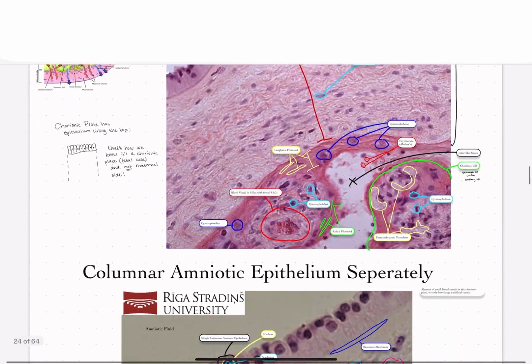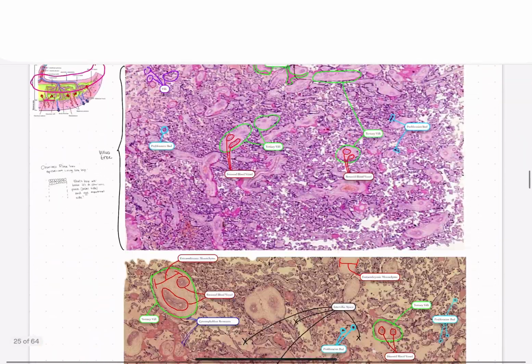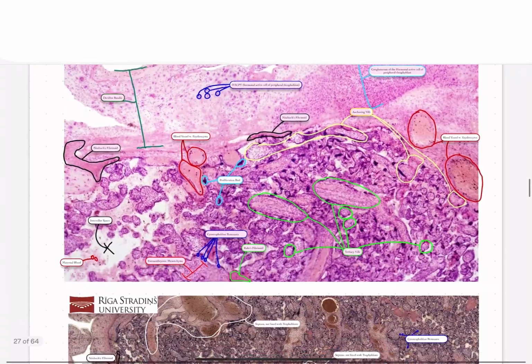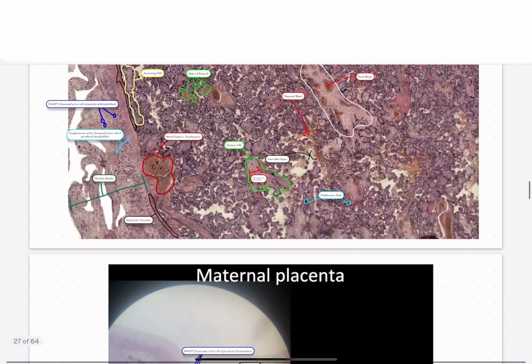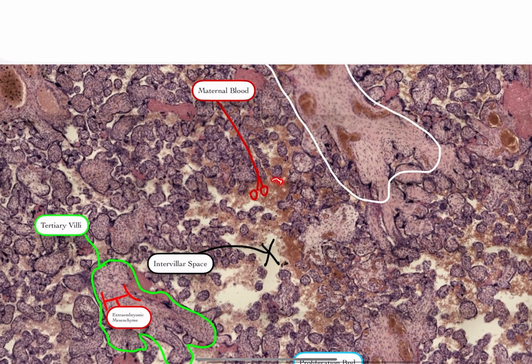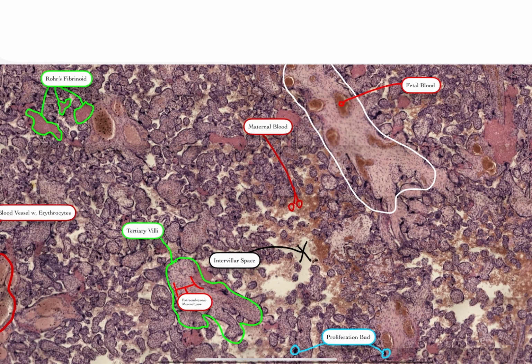Now we can see some examples. I would say a good example where I can show you specifically. Yeah, I guess so. So all of these brown areas are blood. And this brown area is within the intervillar space, within the white area surrounding all of these tertiary villi, right?